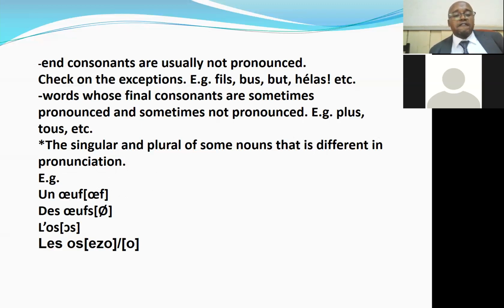You say un œuf, an egg. But when you go to the plural, the end consonant is silencieuse. In the plural, you are saying des œufs, des œufs.